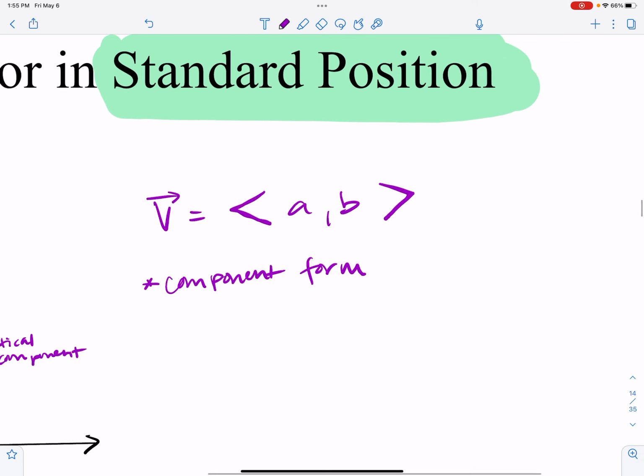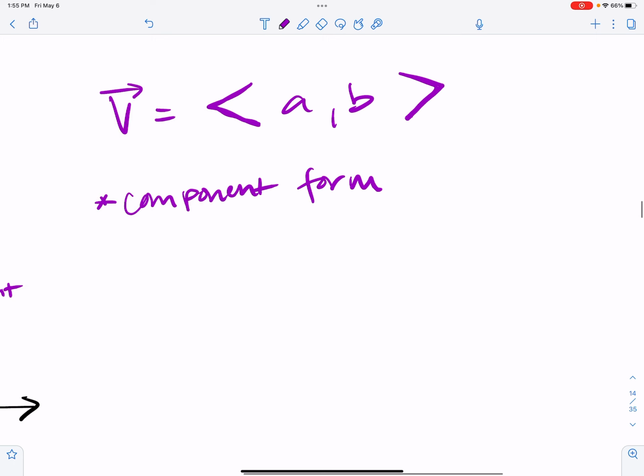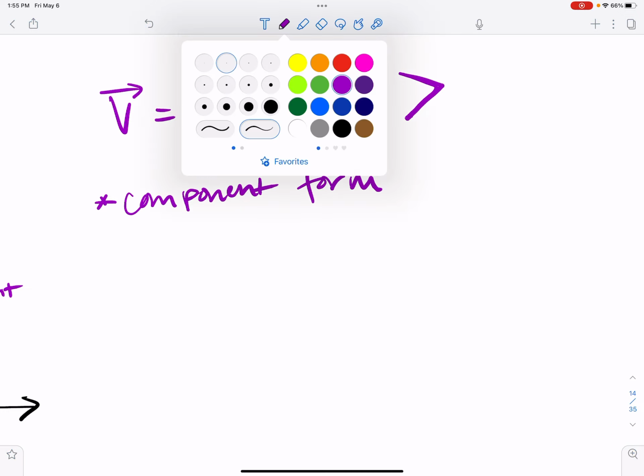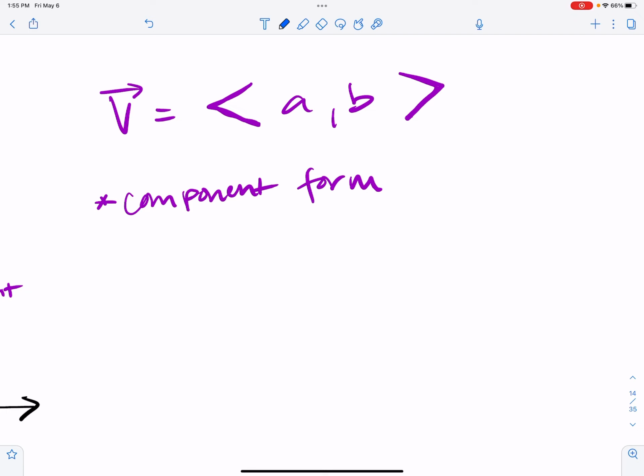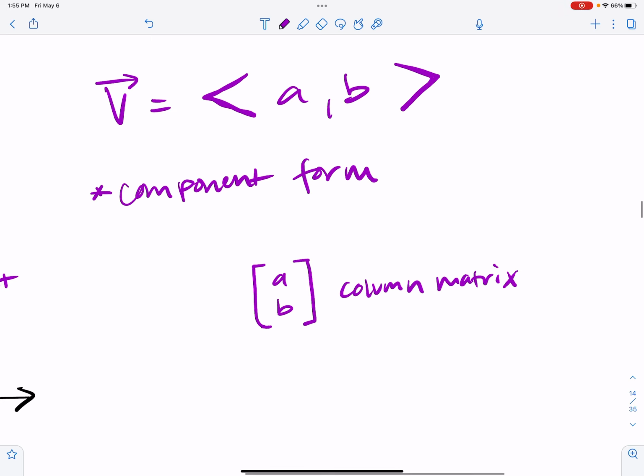And it just represents a vector that is in standard position. There are some other notations that represent vectors in standard position, but we're not going to use this first one. We can represent vectors in standard position as a column matrix. This may come up at the BC level or maybe linear algebra.